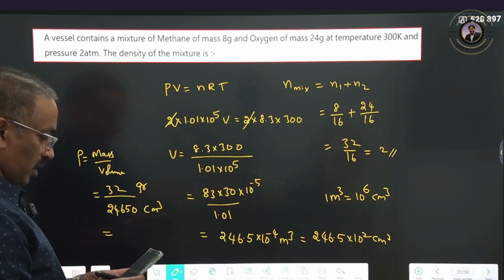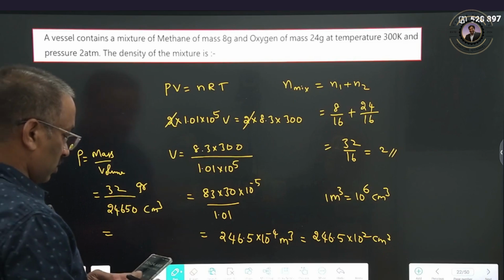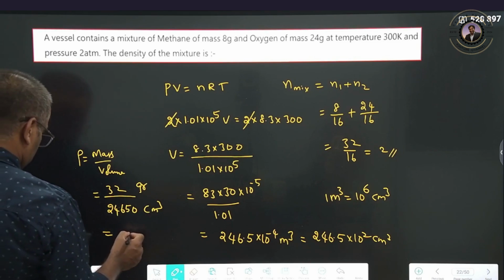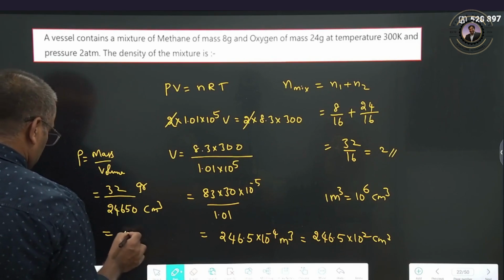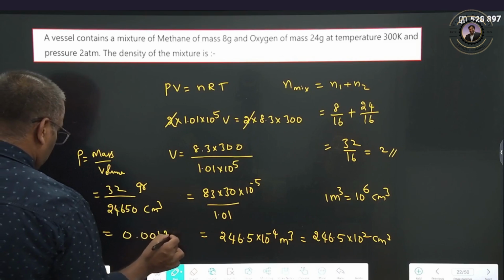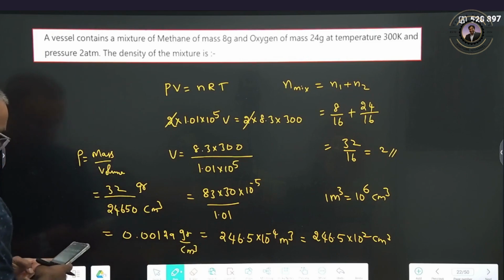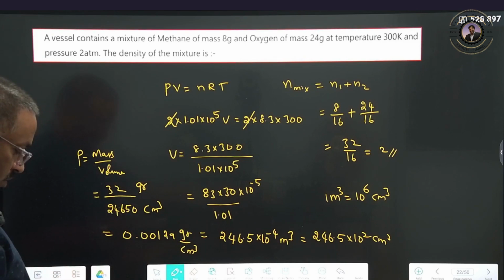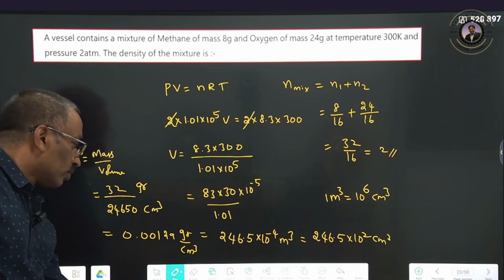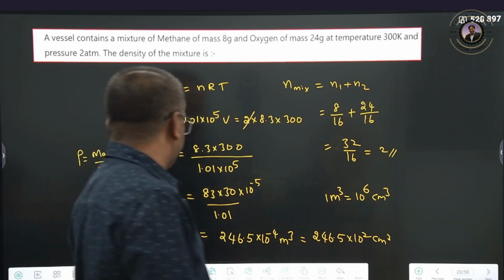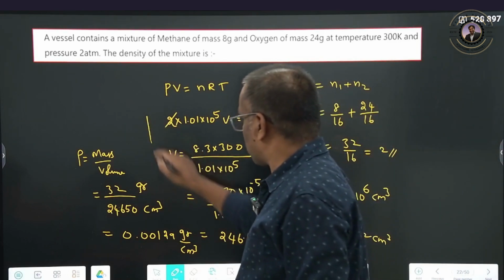So 32 divided by 24650, you will get 0.00129 gram per centimeter cube. This will be the density of the given mixture.